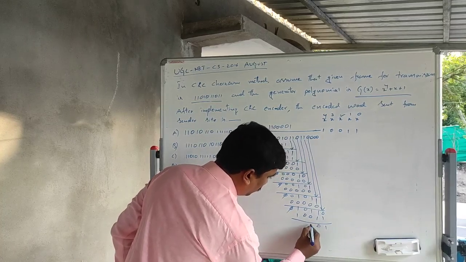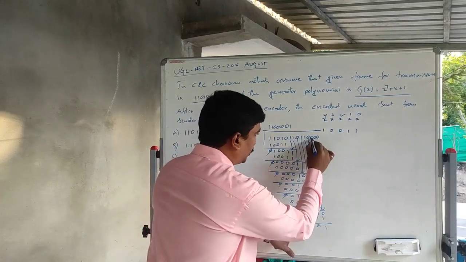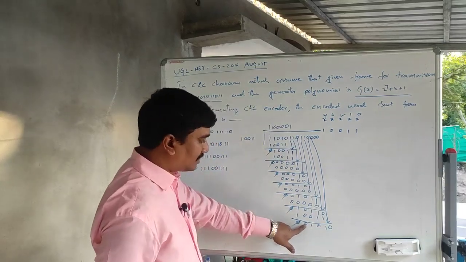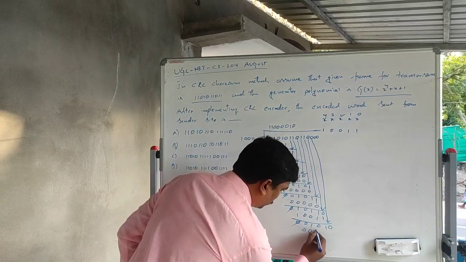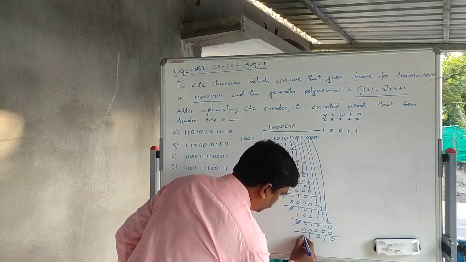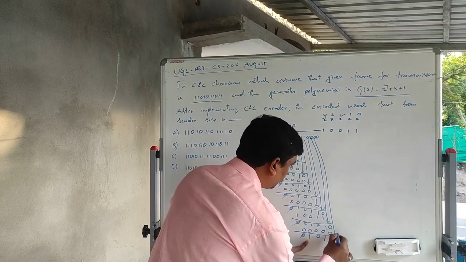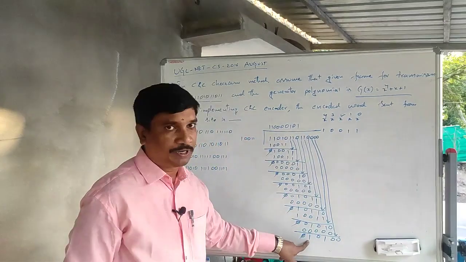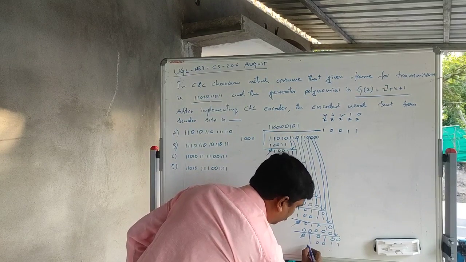1 0 1 0 0. Cancel the leftmost bit and put it down 1 more bit here, that is 0 bit. So after cancel it, again the 0 is there, again the 0 time. 0 0 0 0 0. So 0 1 0 1 0. Cancel the leftmost bit. So 1 time, because the leftmost bit is 1. 1 0 0 11.